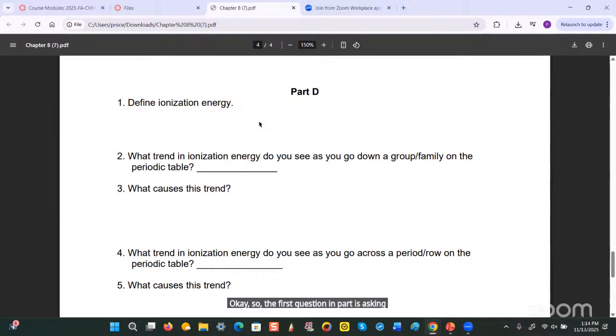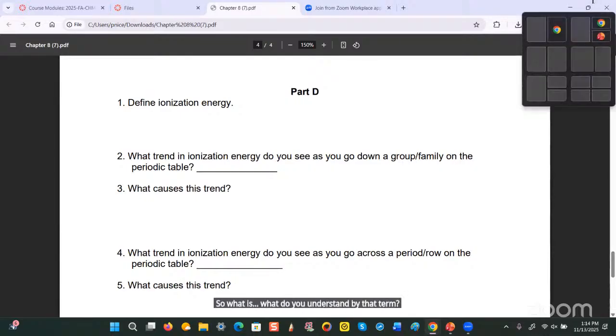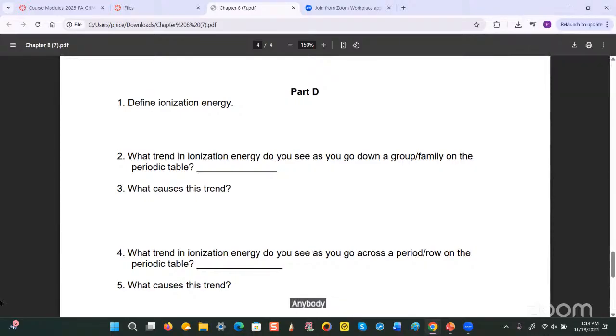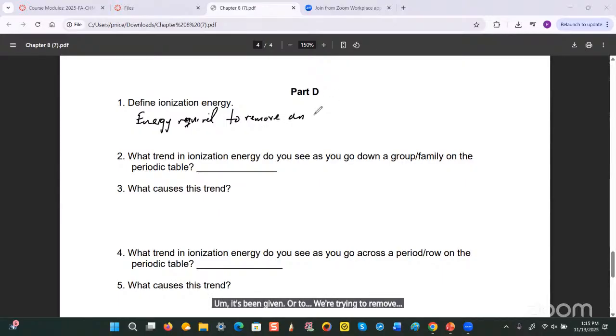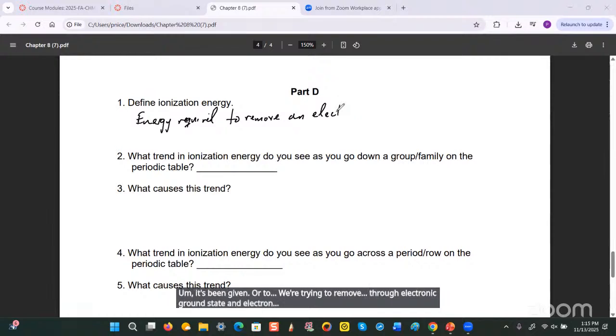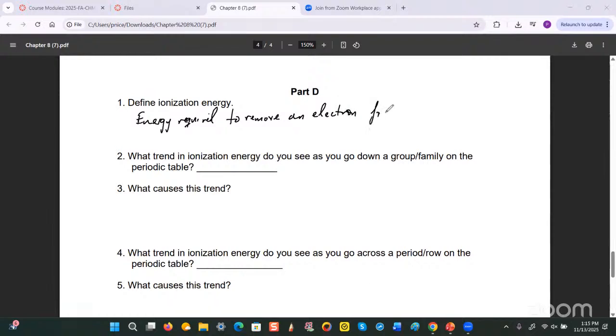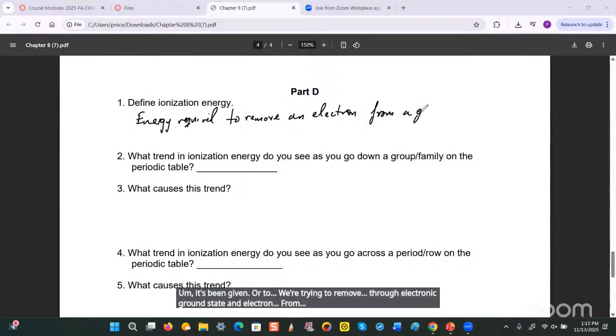We just covered that earlier, right? So what do you understand by that term? Energy required to remove an electron from a ground state gaseous atom.